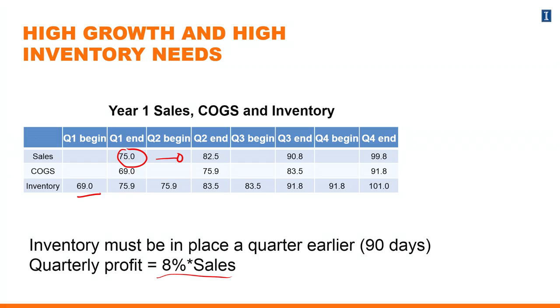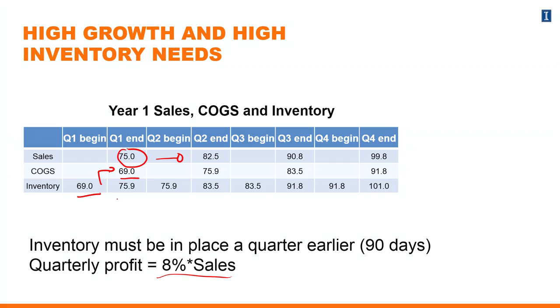That's what is in this model. In the beginning of quarter one, the company has to buy 90 million, which then you sell. This number becomes your cost when you actually sell the good. You can check that PSI is profitable, making a profit which is 8% of sales by assumption.